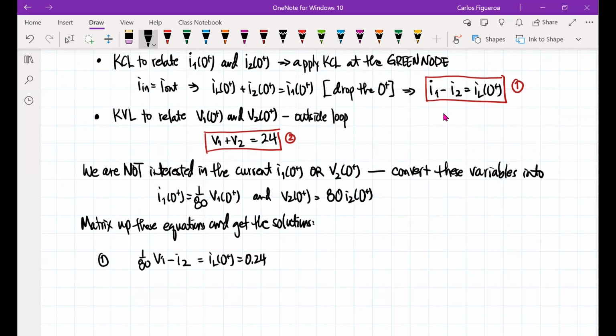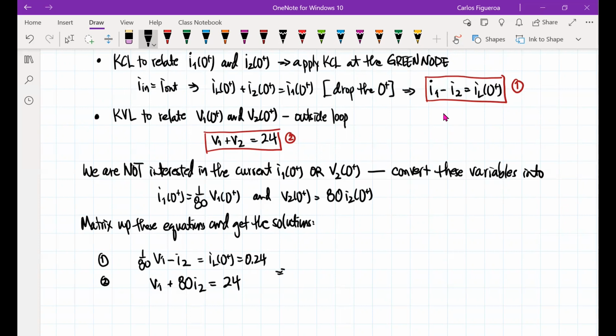Now look at the second equation. I got V1, but I want to convert V2. Using this relationship right here, I'm going to get V1 plus 80 I1, no, it's I2, equals 24. And that's my second equation.